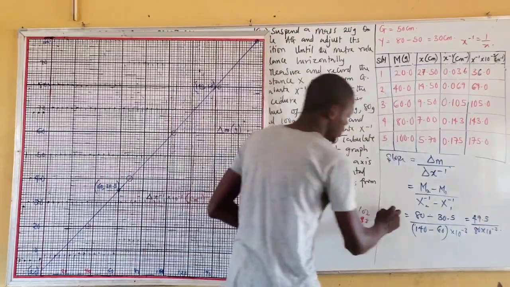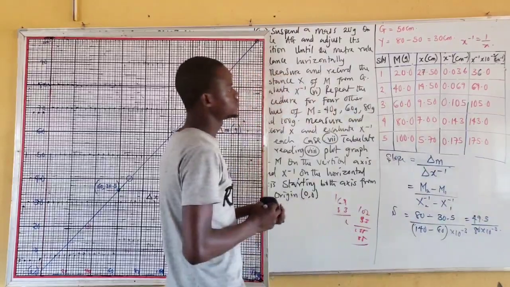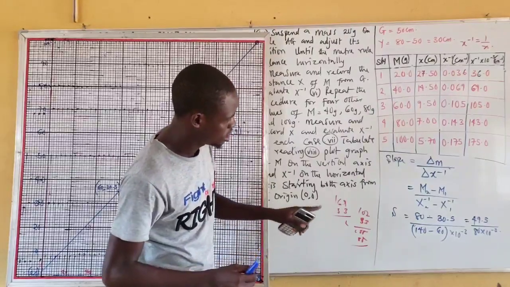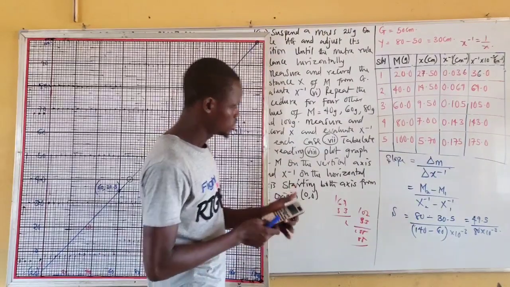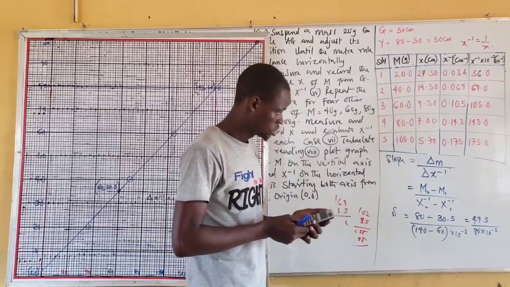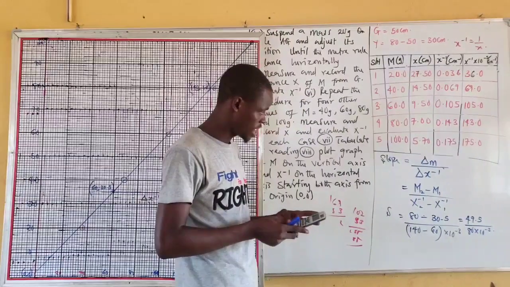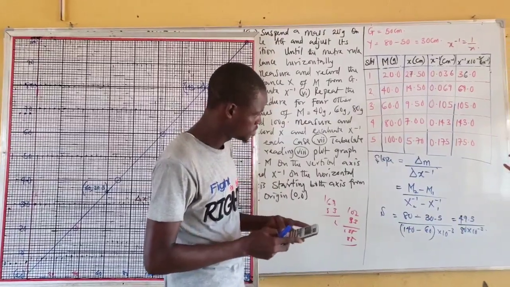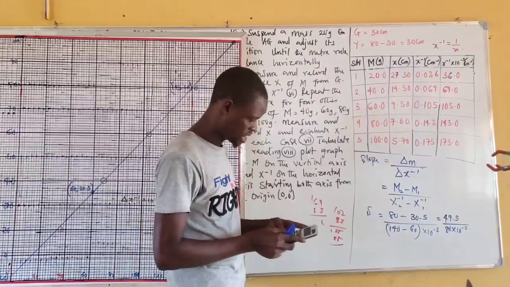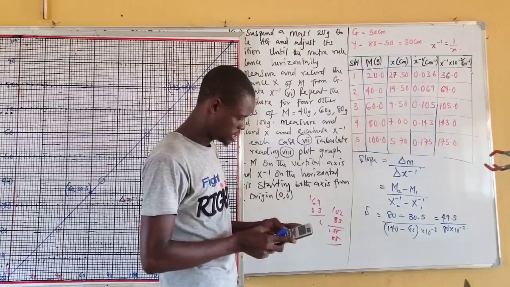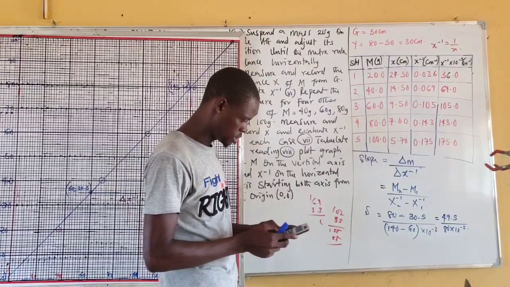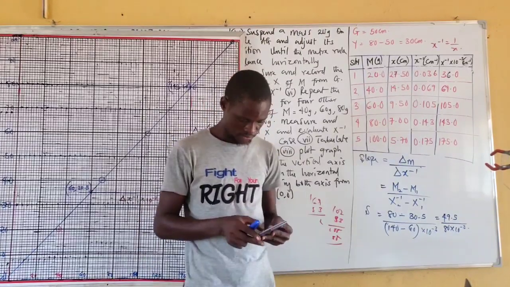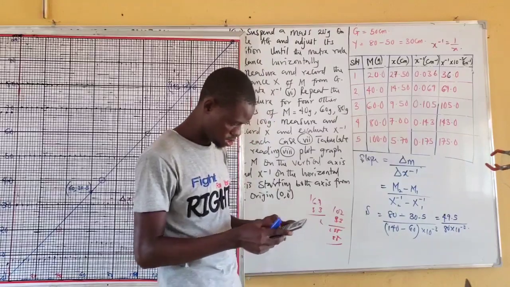So, if we take a look at the slope now, I will be having 49.5 divided by 80 times 10 raised to the power negative 3.